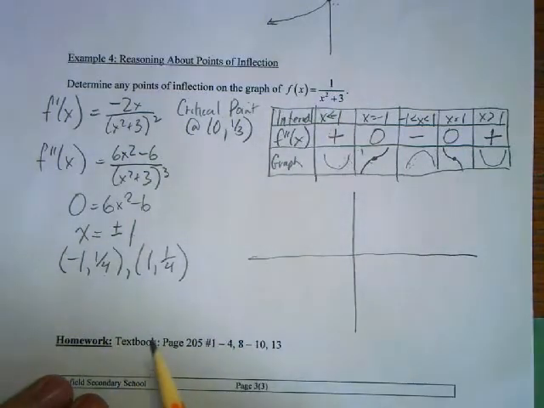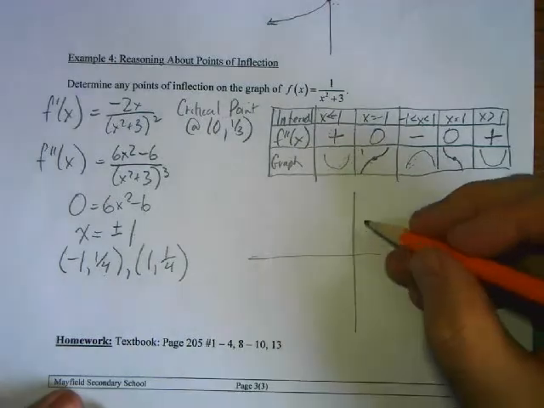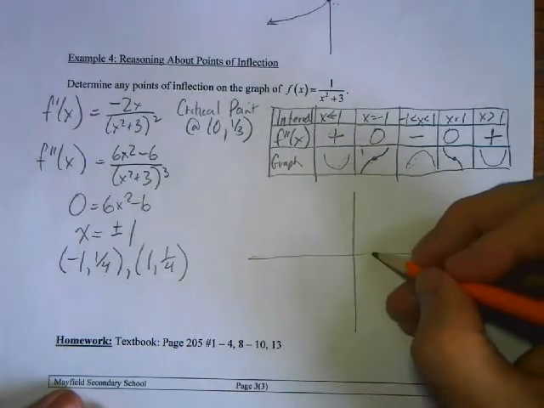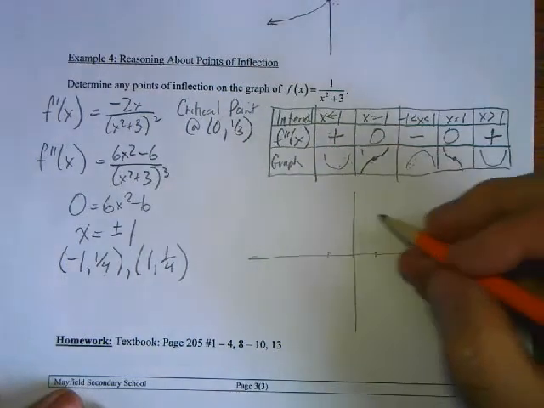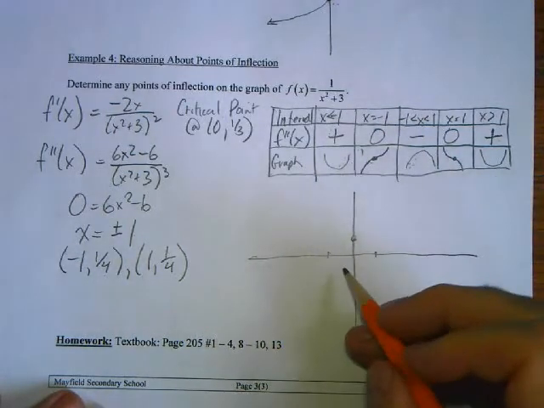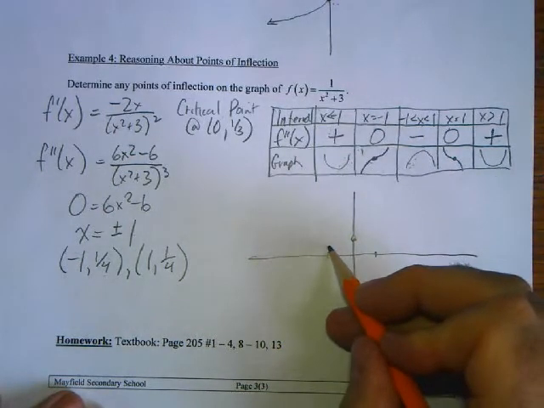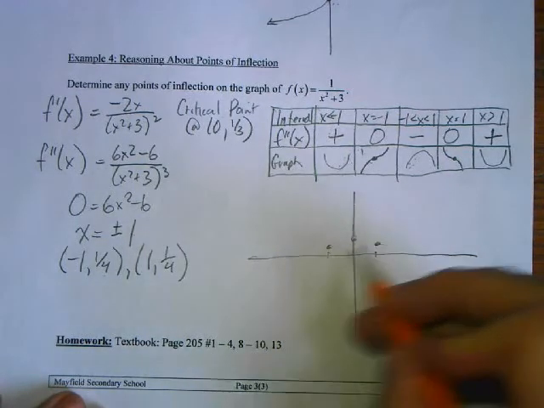So in terms of the points of inflection, I've got 1 and -1, and then I've got the critical point here, and the points of inflection, so that's about a quarter, I guess. That's about a quarter, -1, 1.